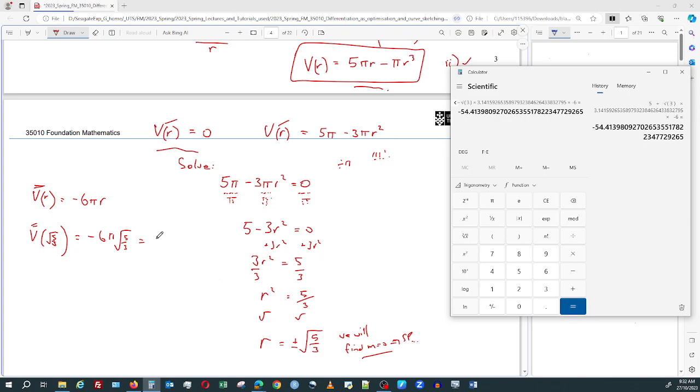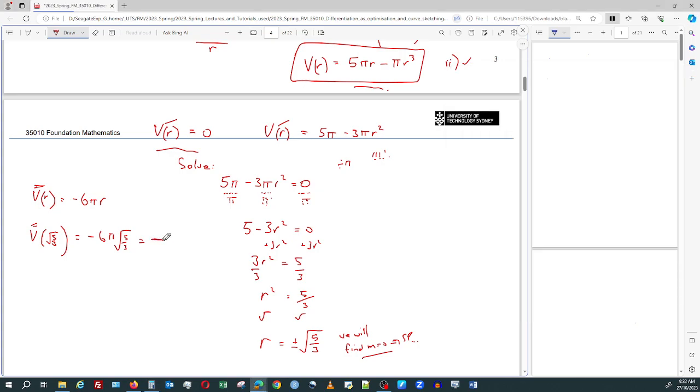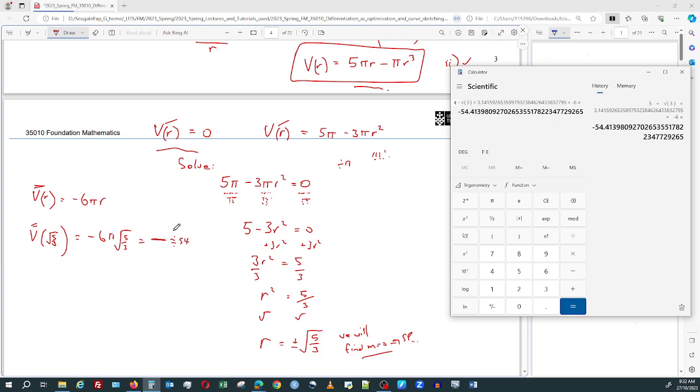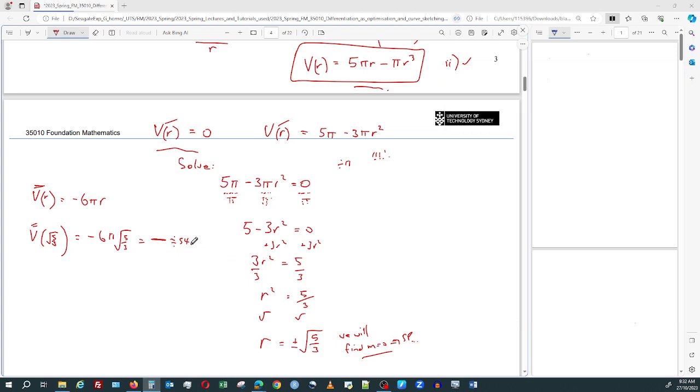Okay, so that is minus approximately 54. And so what that means is that that is a minus, so it's concave down. So that positive root is a max.